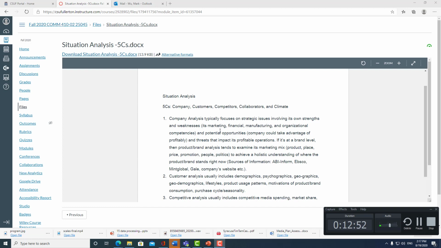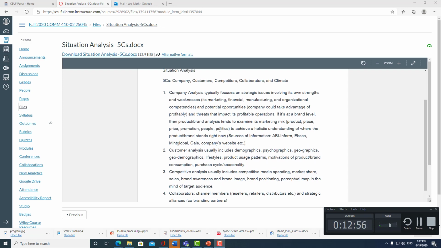Let me explain one at a time, and then also talk about where you get information for each. C: company analysis typically focuses on strategic issues involving its own strengths and weaknesses. Sometimes you see it called a SWOT analysis: strengths, weaknesses, opportunities, threats.